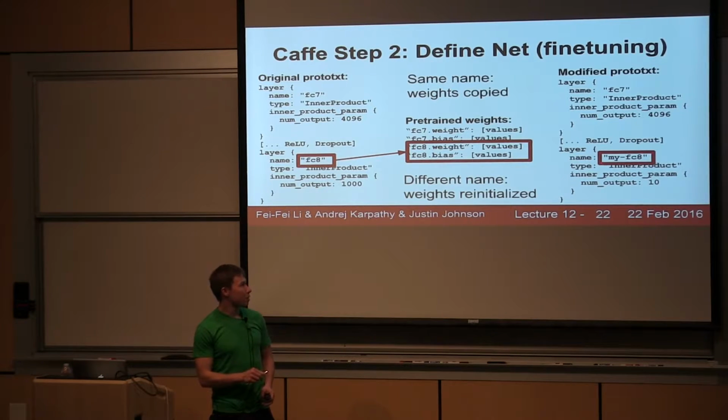So the way that you do that is you need to change the name of the layer in the prototxt file to make sure that it's actually initialized randomly and not reading from the Caffemodel. And if you forget to do this, then it'll actually crash. And it'll give you a weird error message about the shapes not aligning. Because it'll be trying to store this 1,000-dimensional weight matrix into this 10-dimensional thing from your new file, and it won't work.